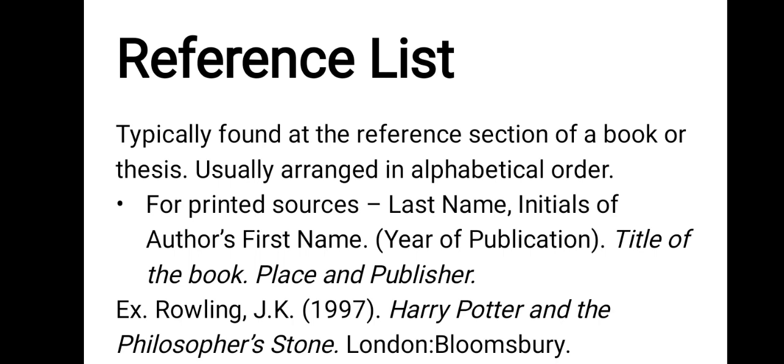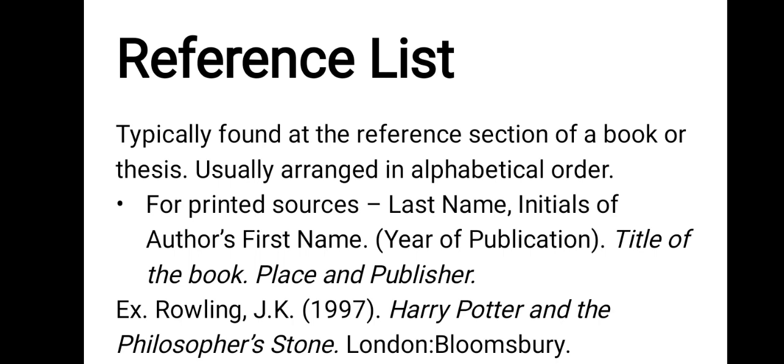There are instances where the title of the book can be italicized, or sometimes it is not. Then it is followed by a period and the place and publisher. The place and publisher should not be italicized. So the only thing italicized here is the title of the book.